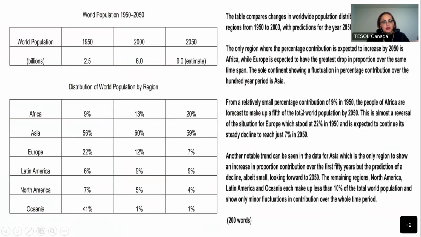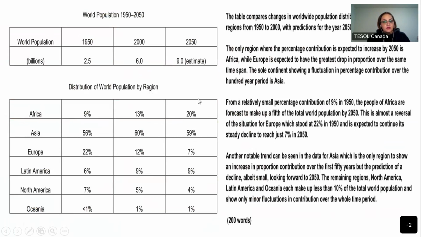From a relatively small percentage contribution of 9% in 1950, the people of Africa are forecast to make up a fifth of the total world population by 2050, because it's 20%. The language is a bit different because the writer wanted to use higher level vocabulary. Good.